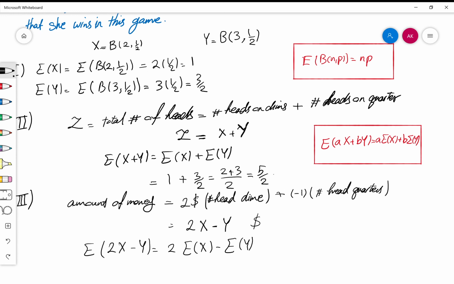In this case, a is 2, b is -1, and that's why it comes out like that. And then 2 times E of x, which is 1, minus E of y, which is 3 over 2. So on average, she is going to win 50 cents.